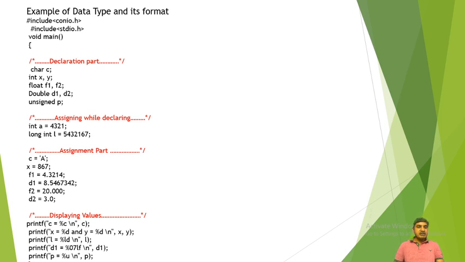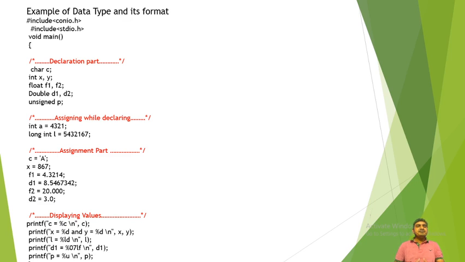Okay, next is printf, d1 is equal to %0.7lf \n. Here l is for double floats, or we can say long floats.